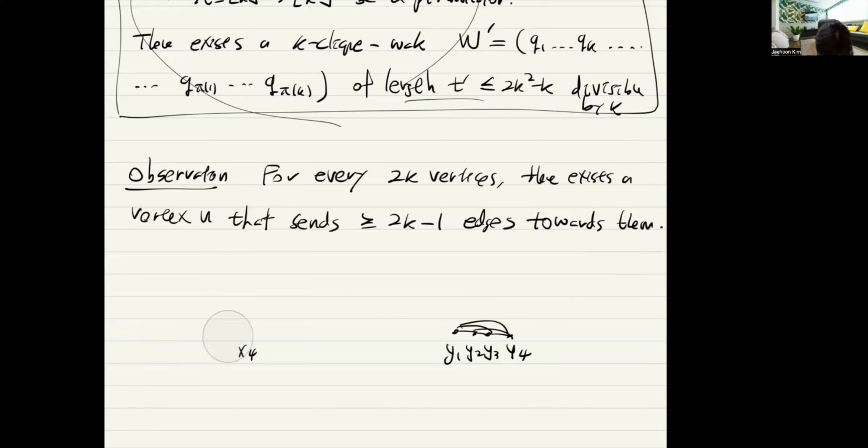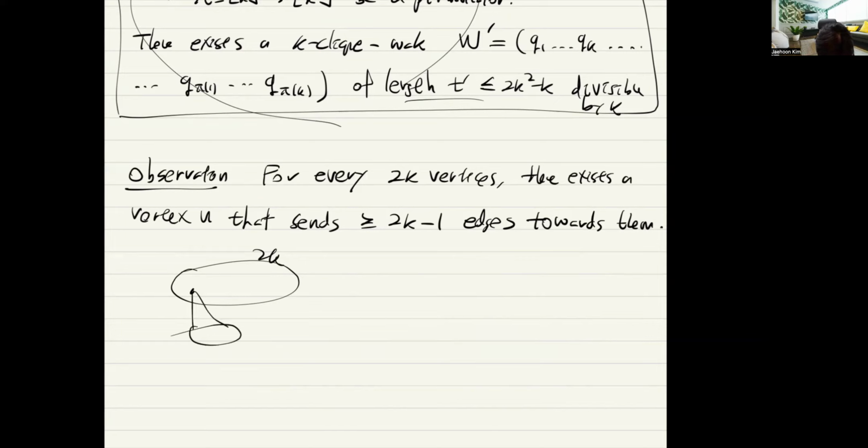Why? If you have 2K vertices and you consider their neighborhoods, the summation of the degrees of the vertices is at least (1 minus 1 over K) n plus 1 times 2K.